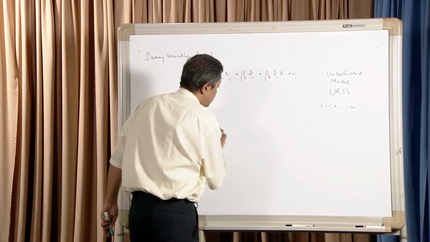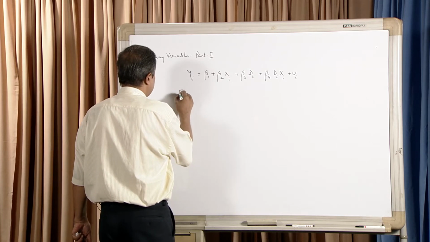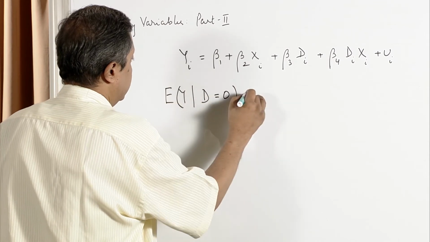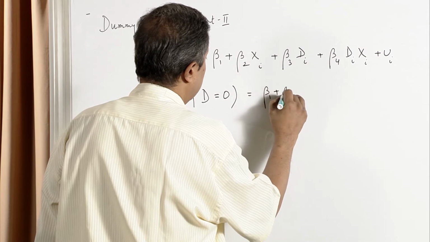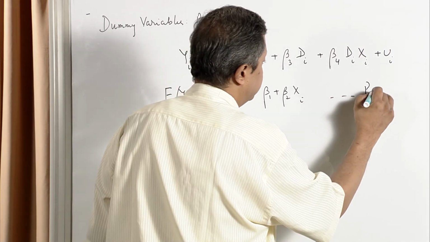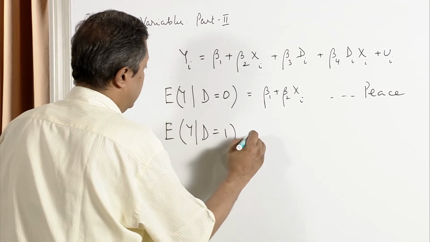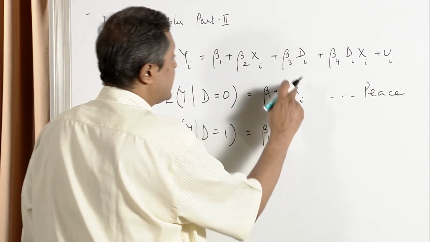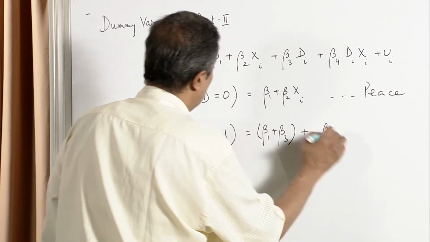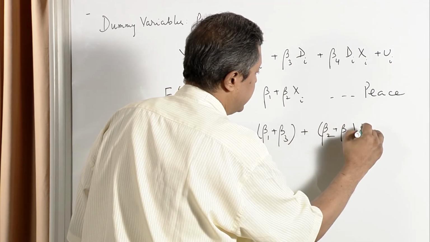Just as we had shown a few minutes earlier, during the peacetime, it would be expectation of y given D equal to 0, that is equal to beta 1 plus beta 2 x_i, and during wartime, so that is peacetime, and this would be y given D equal to 1, that is equal to beta 1 plus beta 3 plus beta 2 plus beta 4 times x_i.